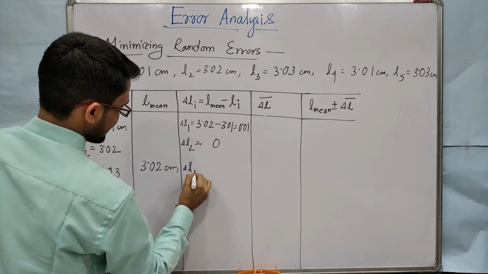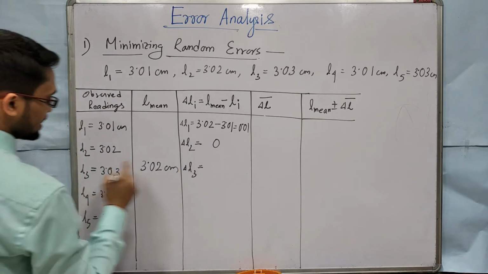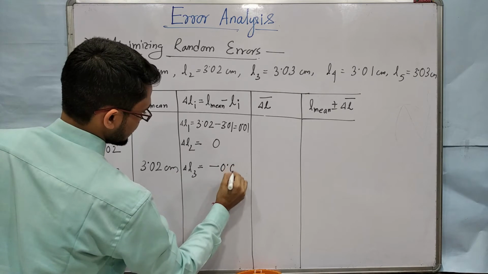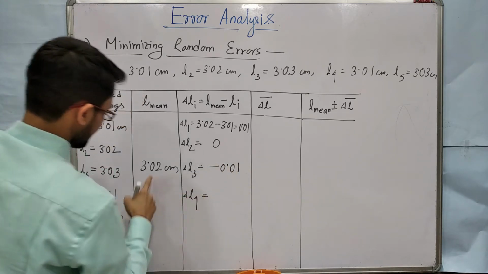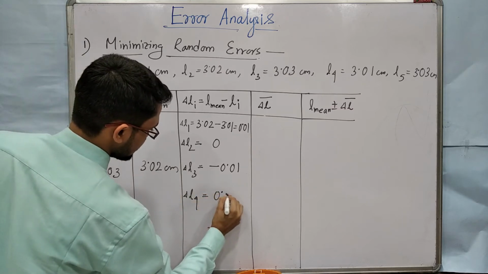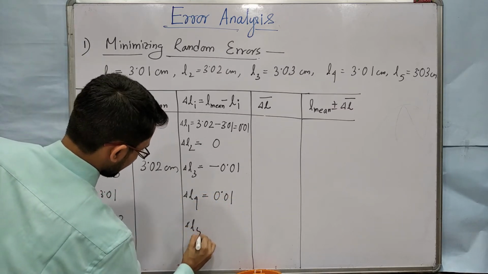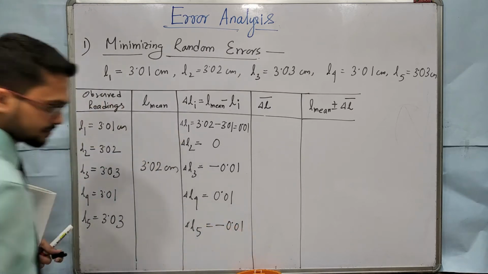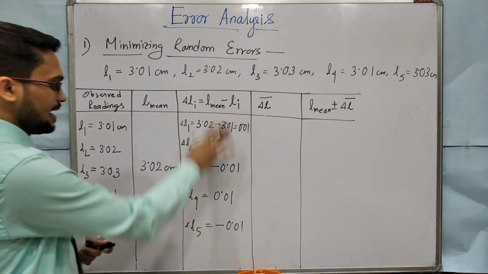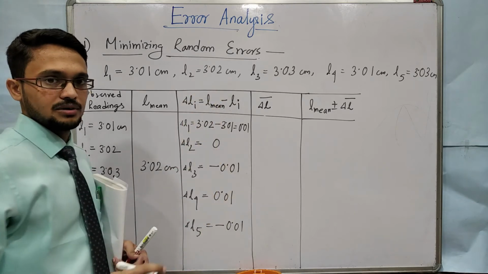Then delta L3, this minus this, so minus 0.01. Then delta L4, this minus this, 0.01, and delta L5, this minus this, 0.01. Okay, so if you add these 5 errors, you will get 0.